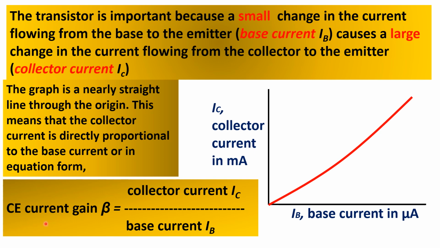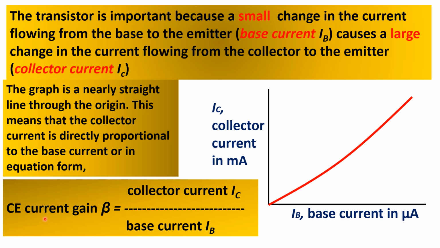We talk about the current that is gained for a kind of amplifier, where the emitter is held common, or constant, a common emitter type of amplifier.